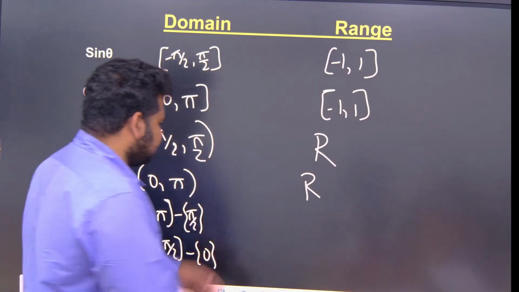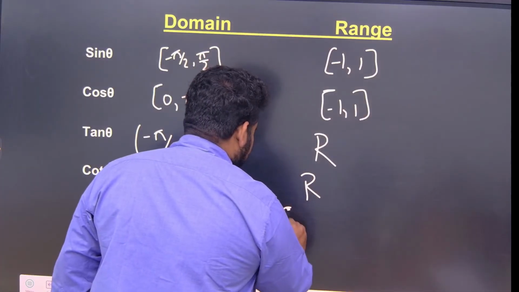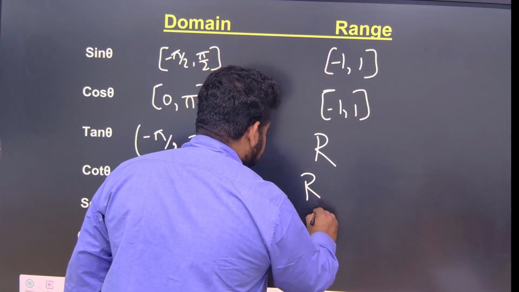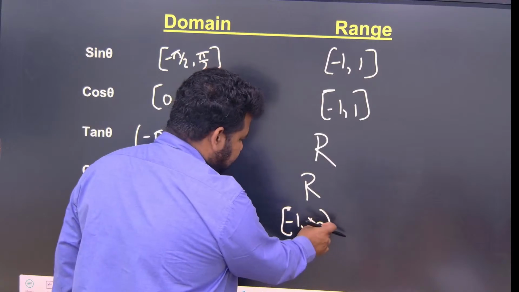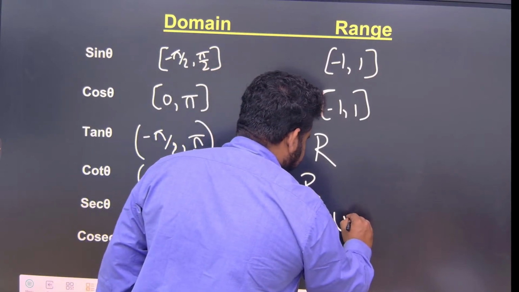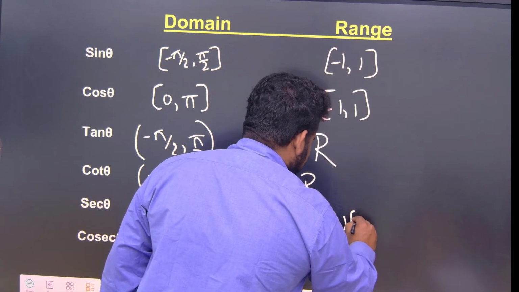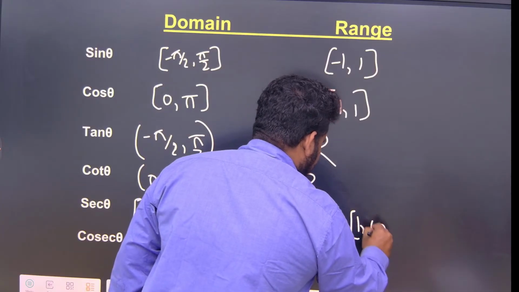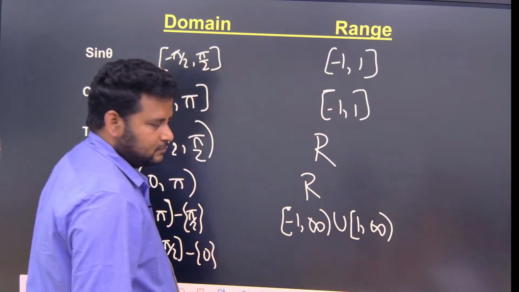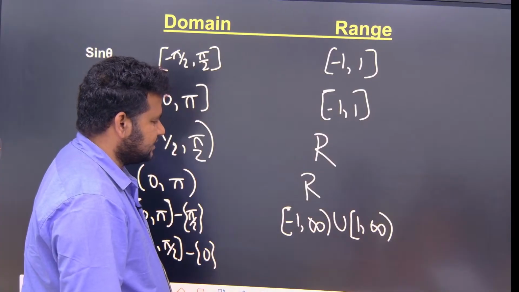Now what about the range? This will be minus infinity comma minus 1, closed interval, union 1 comma plus infinity.